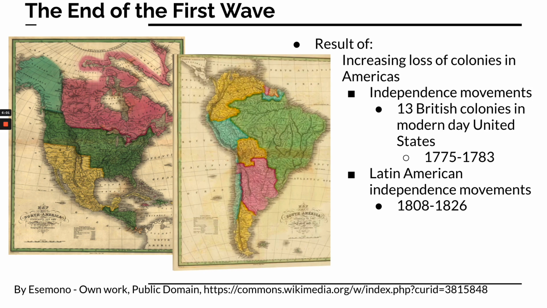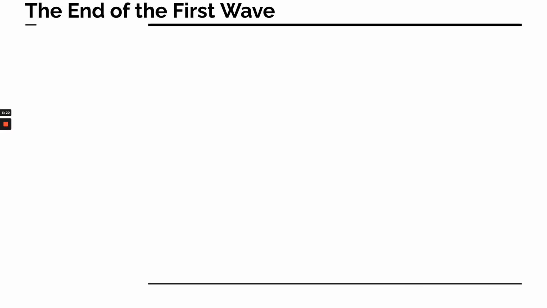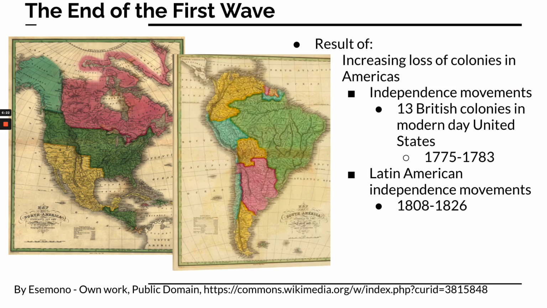But over the span of 1808 to 1826, all that's left to Spain, for example, is Cuba and Puerto Rico. That's it. Out of all of their empire in the Americas, that's what's left to them in Latin America. All right, everybody finished with those notes?